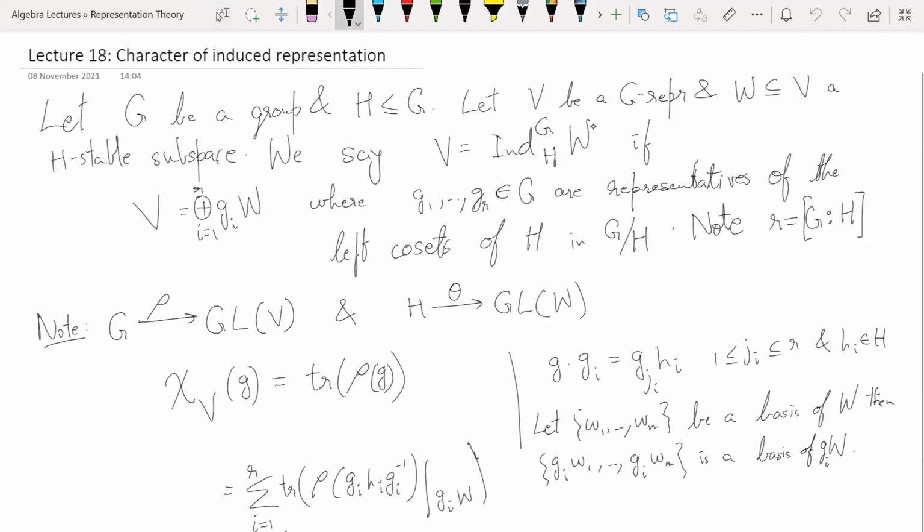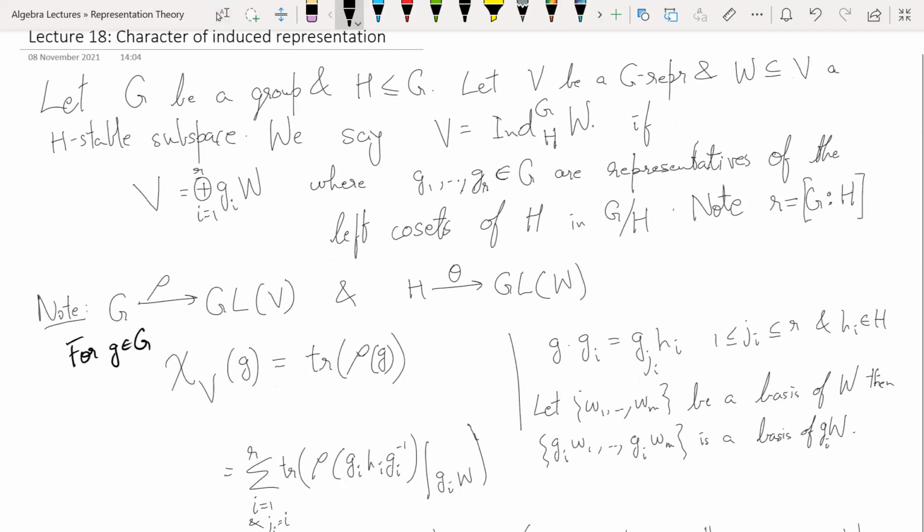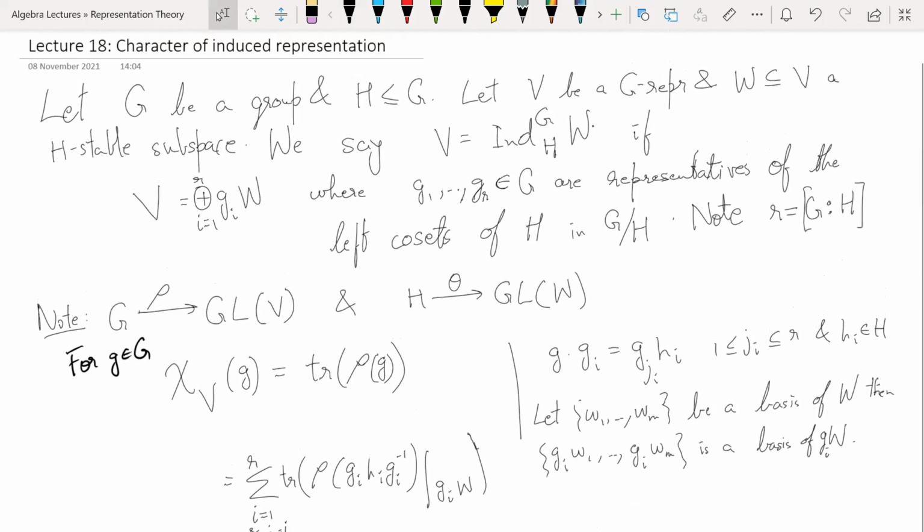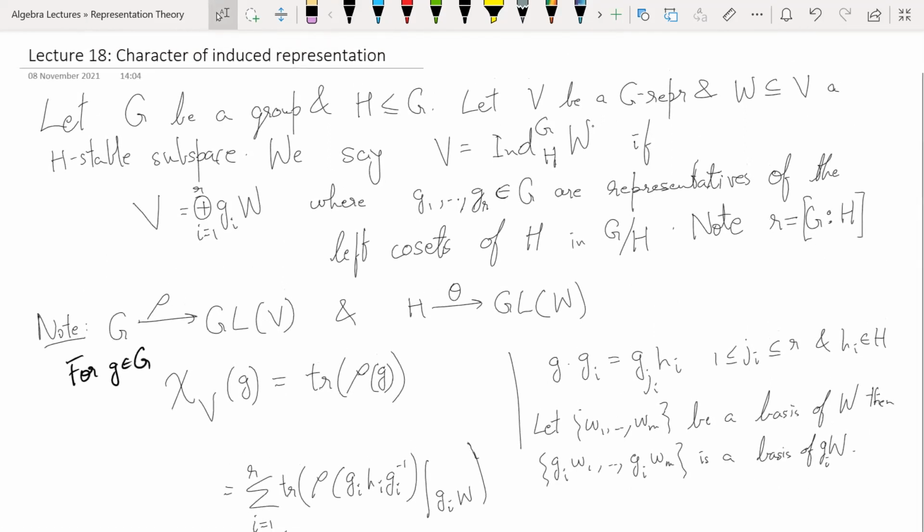For g in G, the character of V evaluated at g is by definition the trace of rho g. And how does g act on V? We will use this decomposition: V is a direct sum of g_i W. There are r pieces, where r is the index of H in G.